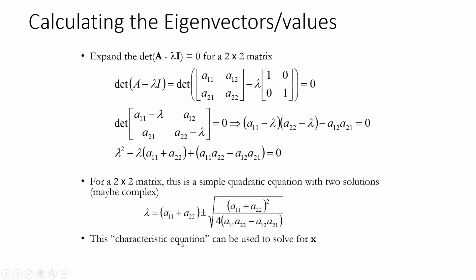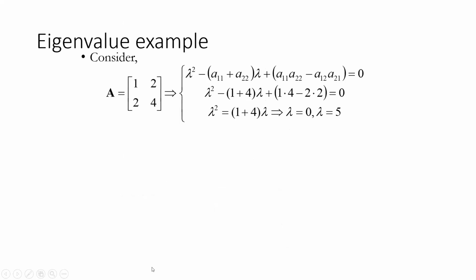So this characteristic equation can be used to solve for the eigenvalues. Example, the same thing we discussed earlier, [1, 2; 2, 4]. With the help of this, we get lambda square minus (1 plus 4) lambda equal to 0, so lambda is equal to 0 and lambda is equal to 5.